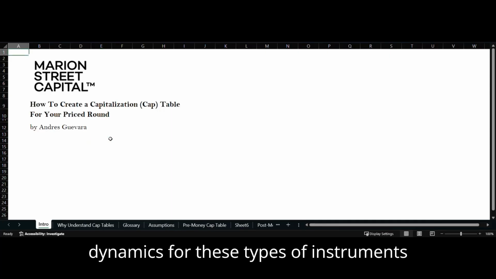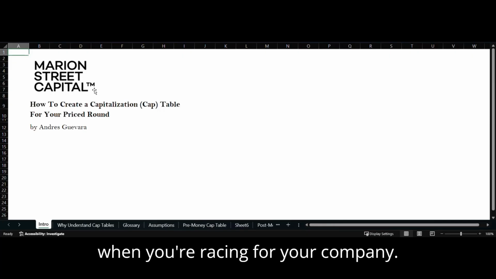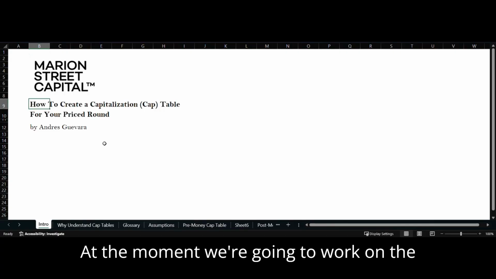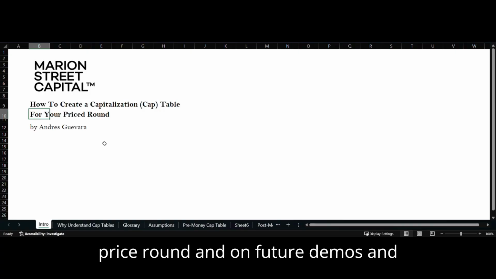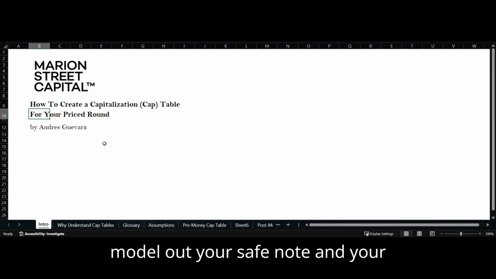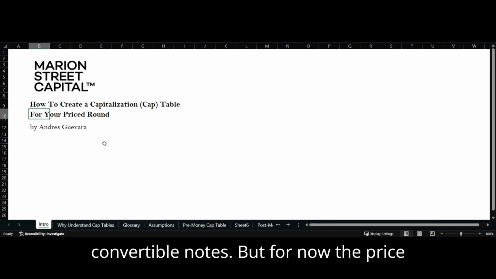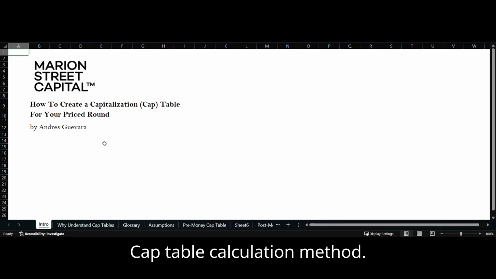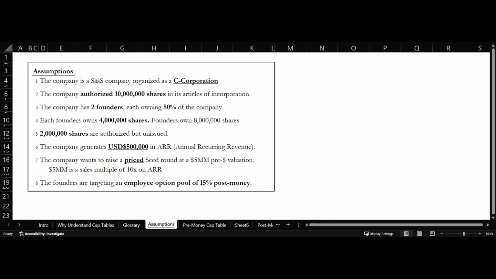There are different dynamics for these types of instruments when you're raising for your company. At the moment, we're going to work on the price round, and on future demos and how-to videos, we will show you how to model out your safe note and your convertible notes. But for now, the price round is the most straightforward cap table calculation method.